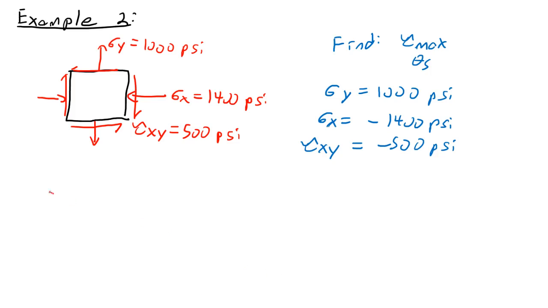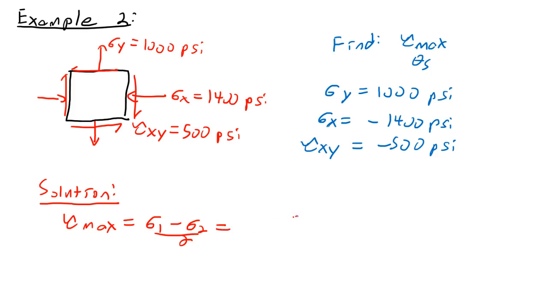So, solution. Well, let's say that tau max equals sigma 1 minus sigma 2 over 2, and this is equal to the square root of sigma x minus sigma y over 2 squared plus tau xy squared.